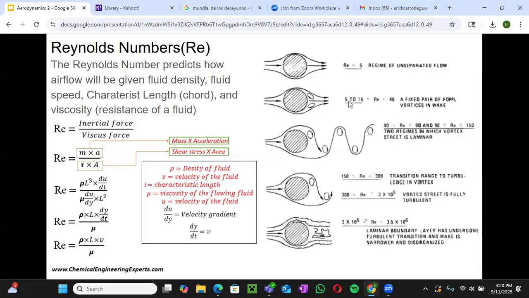But as you begin to increase, the flow becomes more and more turbulent, and eventually it becomes completely turbulent at Reynolds numbers of around 300,000. This isn't to say that for all cases it's like this. For example, for a commercial plane, you'll have Reynolds numbers in the hundreds of thousands for smooth and laminar flow. So it's just a range, showing you the different types of flow that you can have. This isn't a universal thing for all.